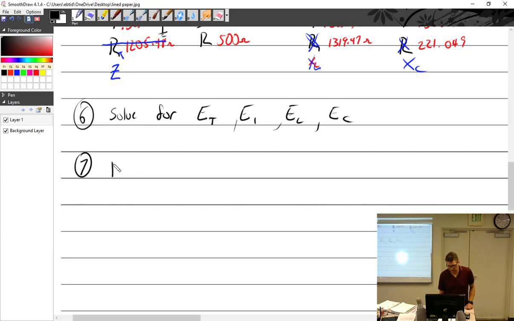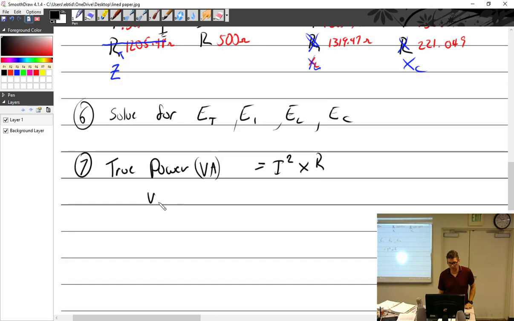We're going to do true power, which is going to equal I squared times R.